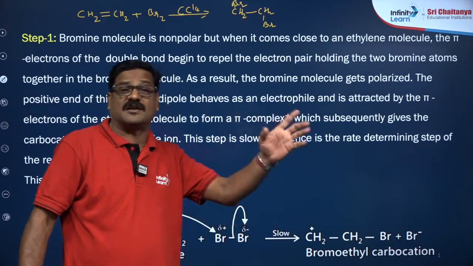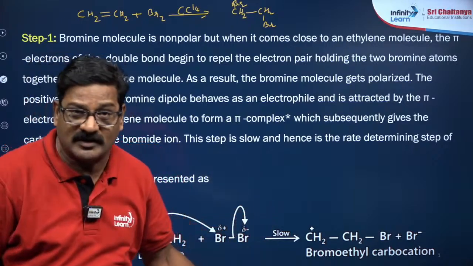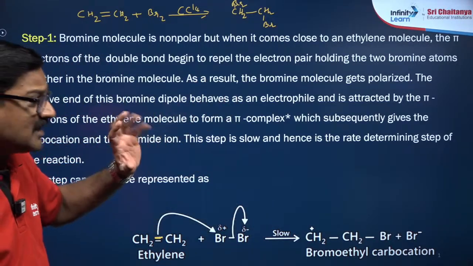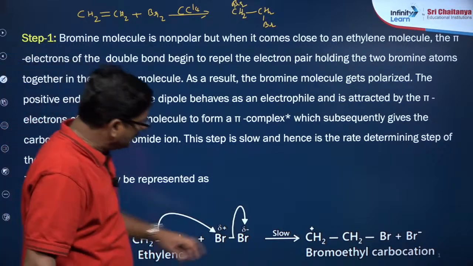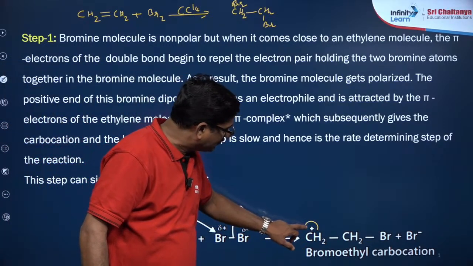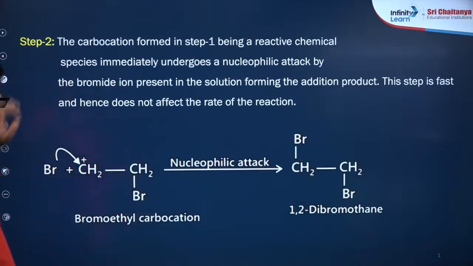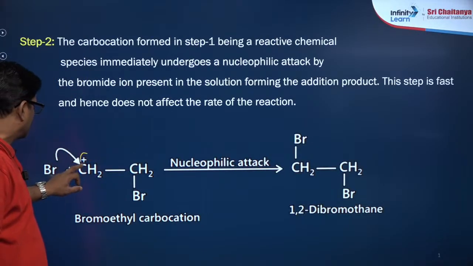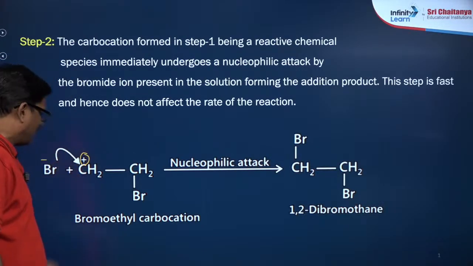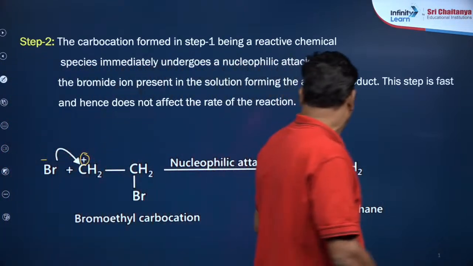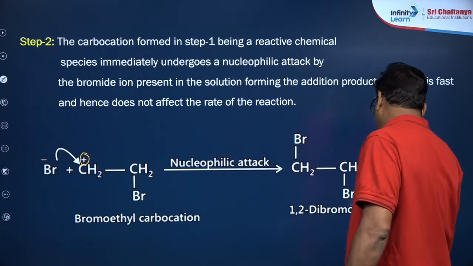Actually non-classical carbocation is also shown here. I want to show in the next slide what is a non-classical carbocation. Now this positive charged carbon is attacked in the second step. In step 2, this positive charge is attacked by the Br minus, so that you are going to get 1,2-dibromoethane.